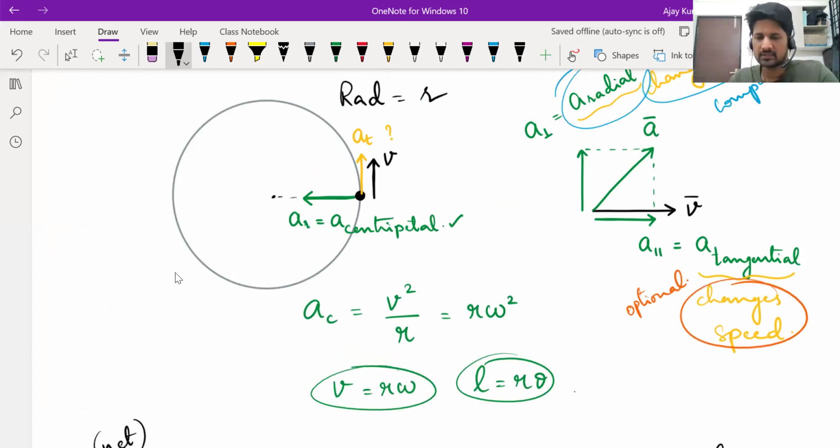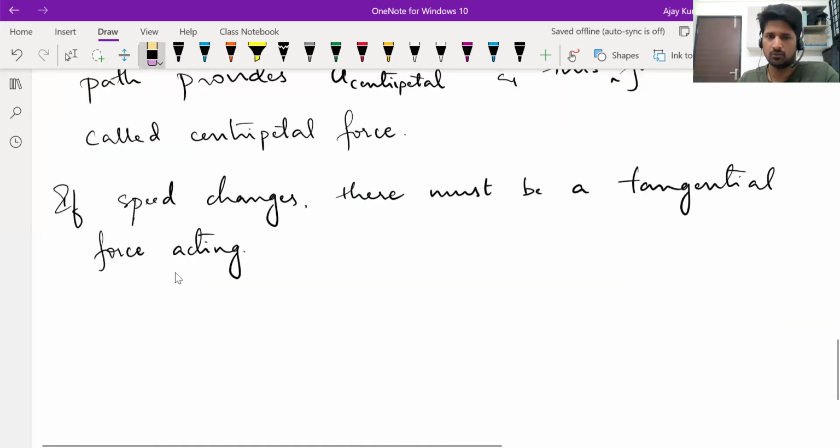Now earlier when we discussed circular motion in a plane, we discussed uniform circular motion, means circular motion in which speed remains constant. If speed remains constant, then tangential acceleration is not there at all. So till now we didn't consider tangential acceleration. But it's possible that objects move in curved paths with increasing speed and also with decreasing speeds. So there can be tangential acceleration, there can be tangential forces also involved.